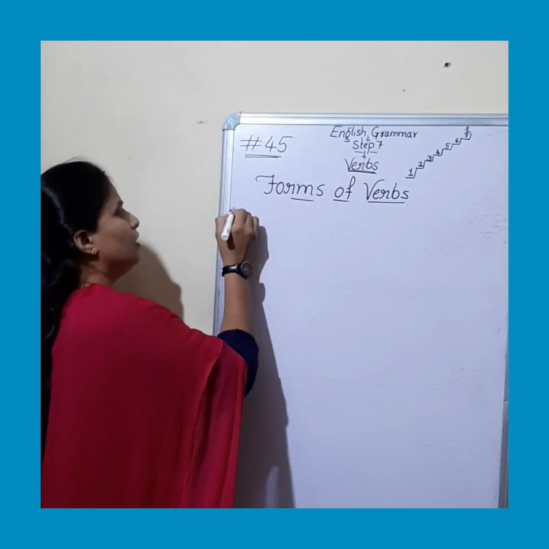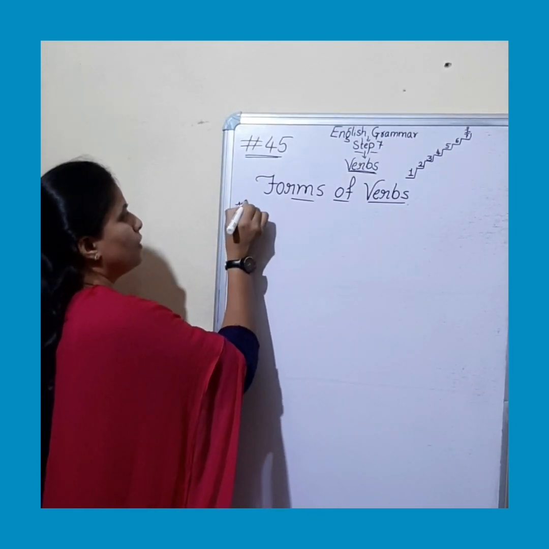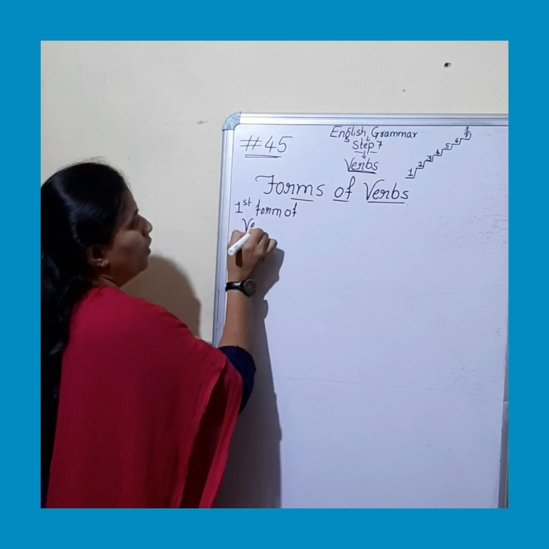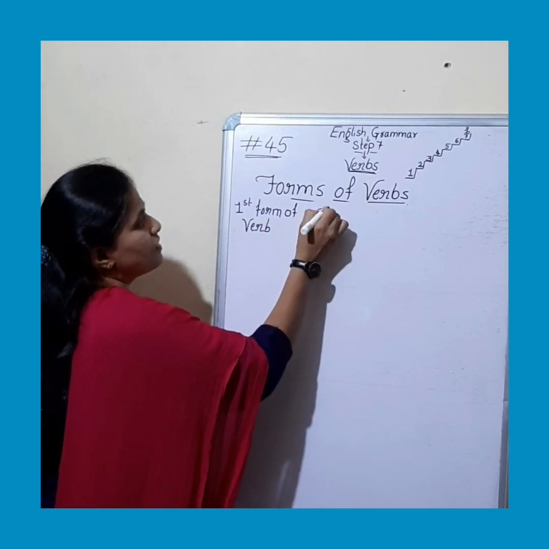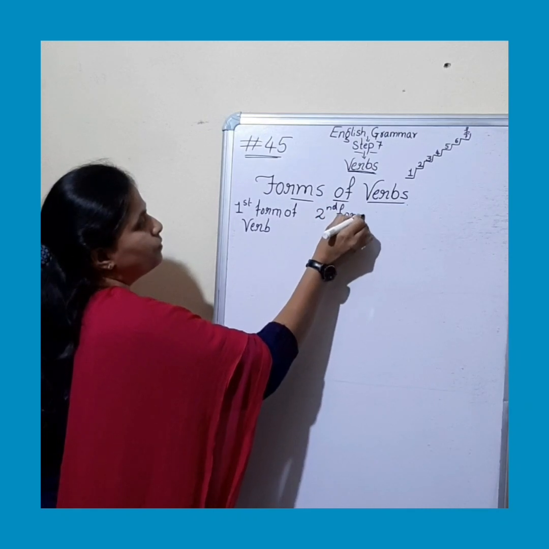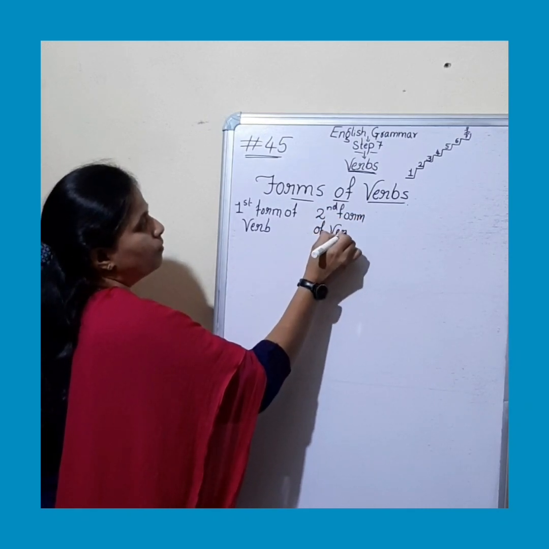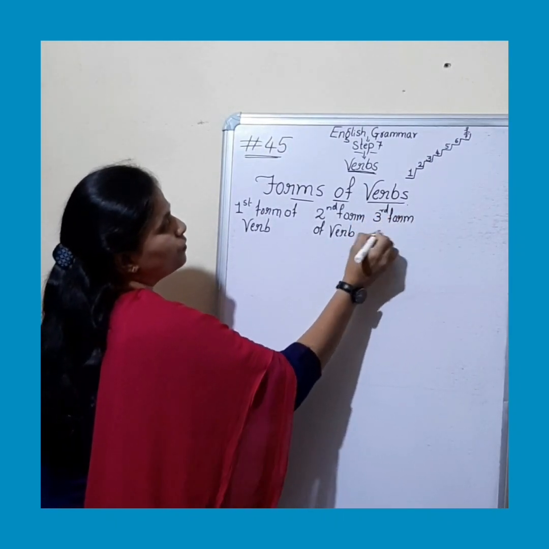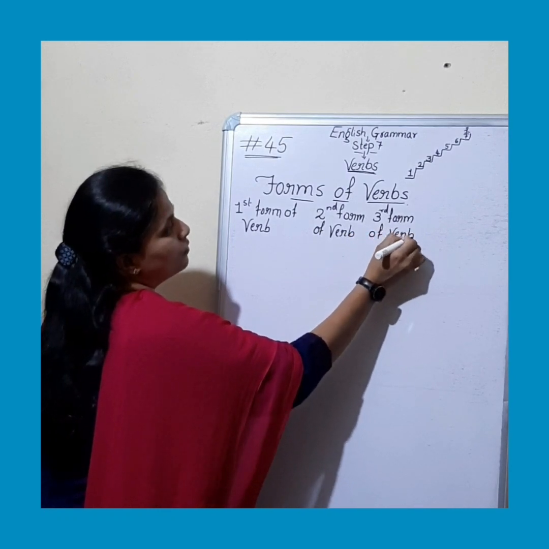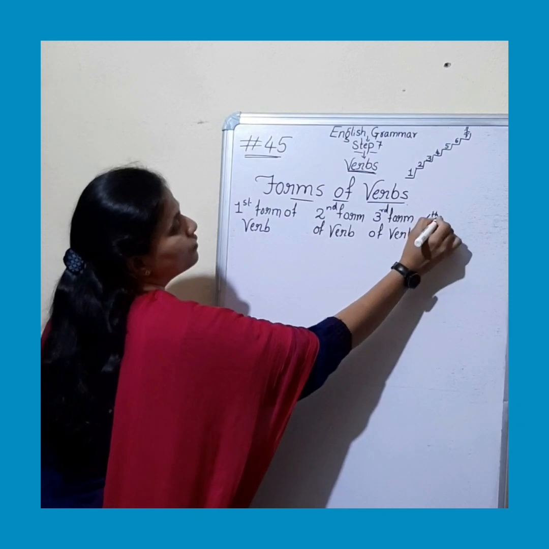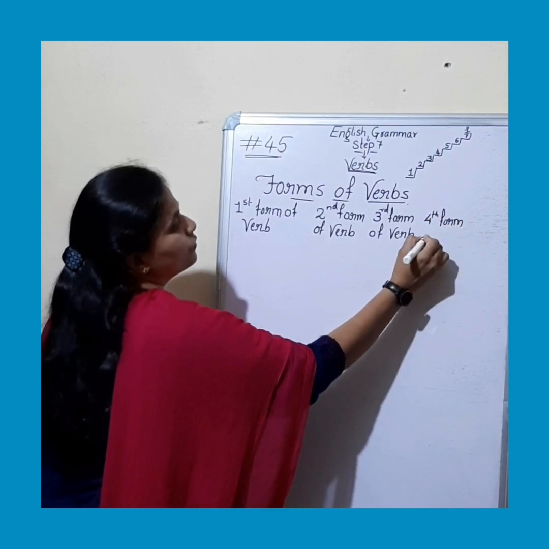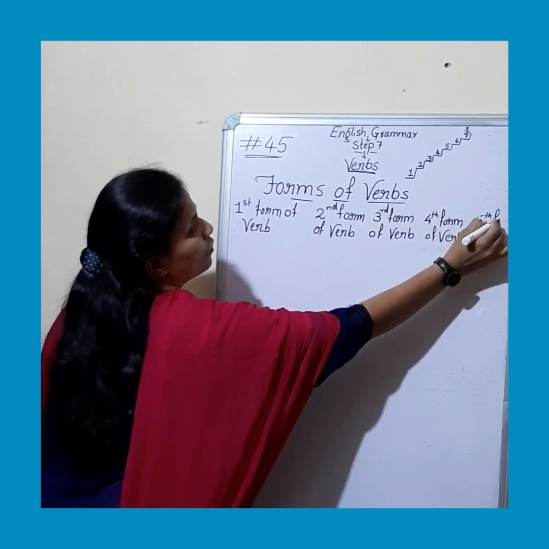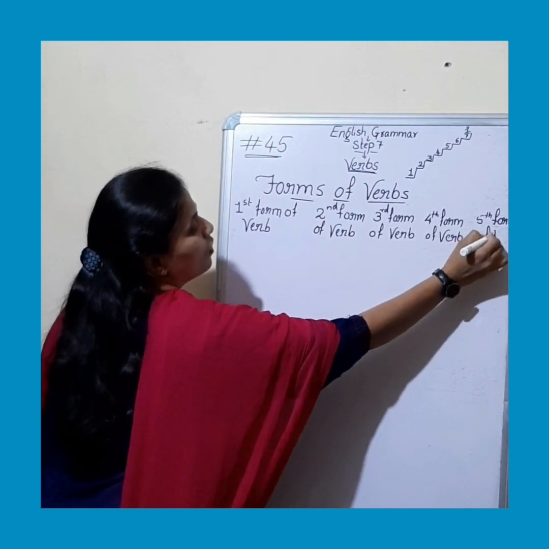So here, as we know, first form of verb, second form of verb, third form of verb, fourth form of verb, and fifth form of verb.